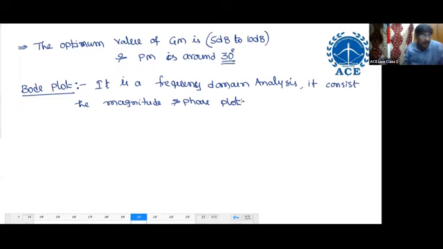What is the magnitude plot? Magnitude versus frequency omega. The magnitude is considered in dB.